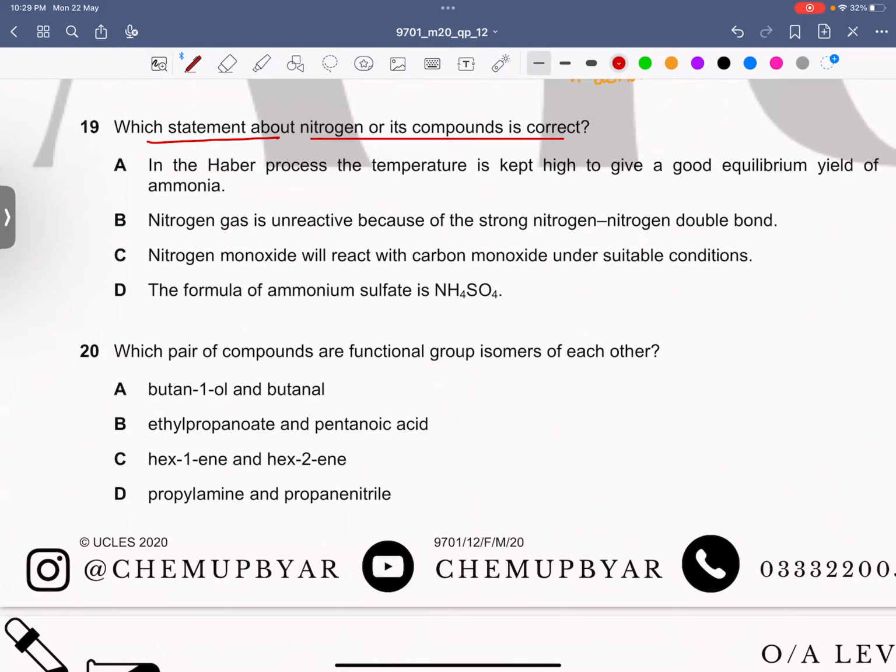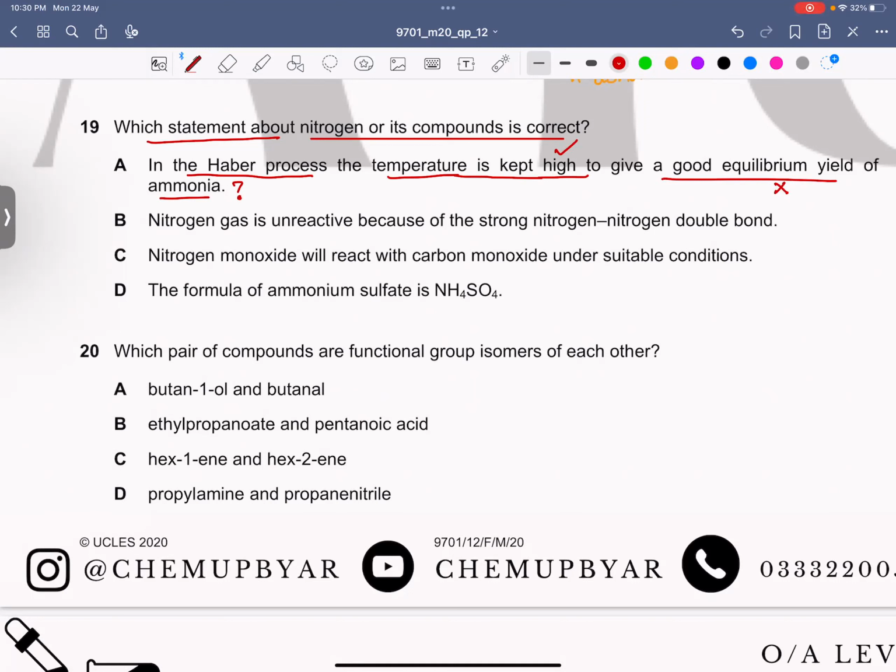In the Haber process, the temperature is kept high to give a good equilibrium yield of ammonia. Is this statement correct or wrong? If you recall, we do keep the temperature high, but not for a good equilibrium yield, because the reaction is exothermic.